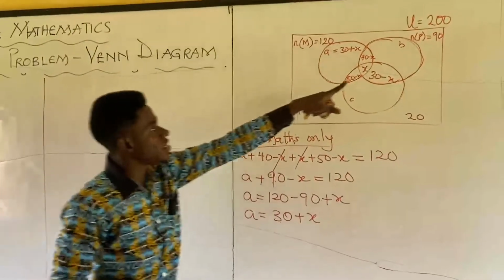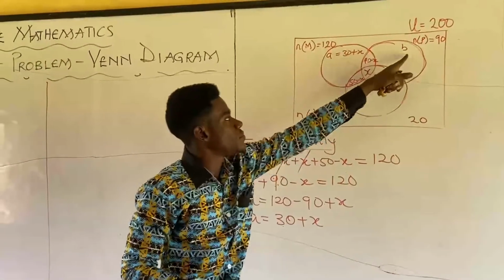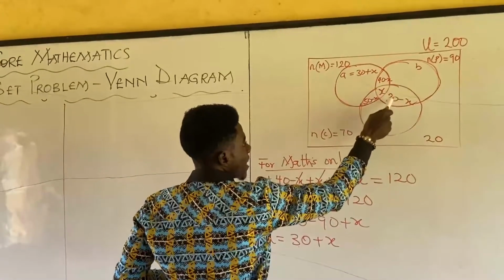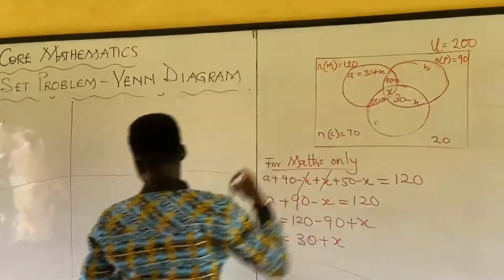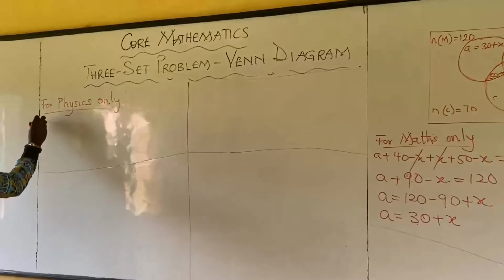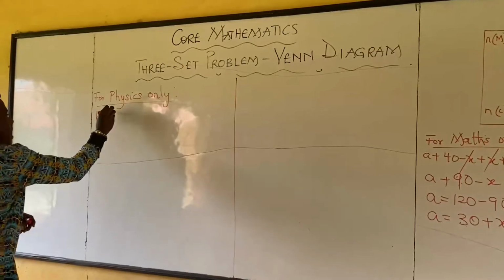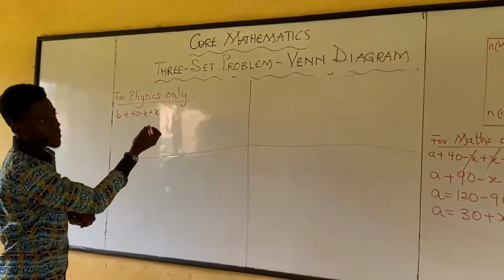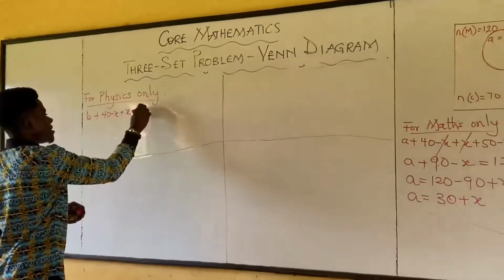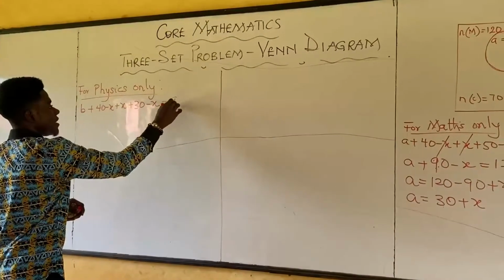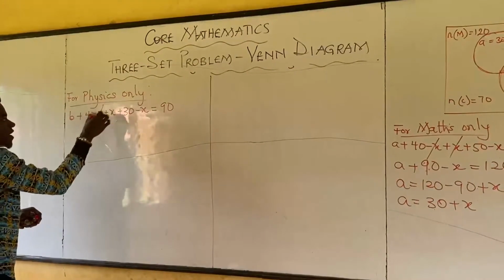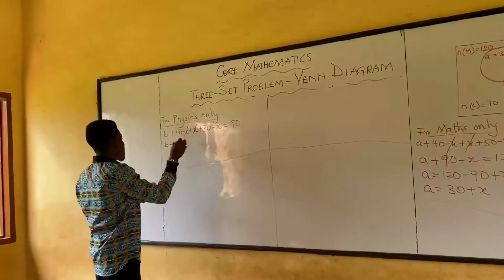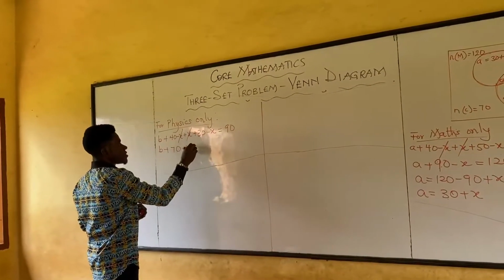And we've already denoted that portion as B. So it will be B plus 40 minus x plus x plus 30 minus x equal to 90. So negative x cancels positive x. B plus 40 plus 30 gives 70 minus x equal to 90.